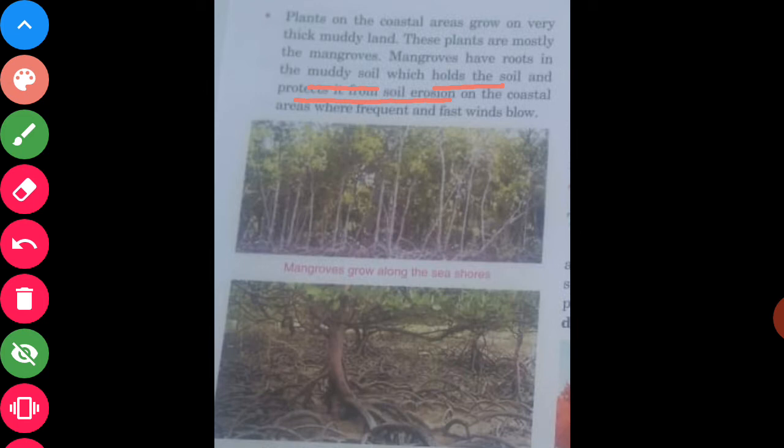These mangroves have roots embedded in the muddy soil, and those roots hold the soil together and protect it from soil erosion.